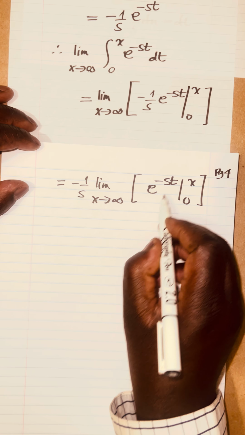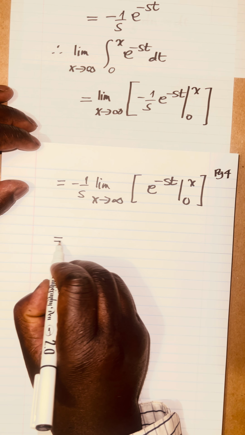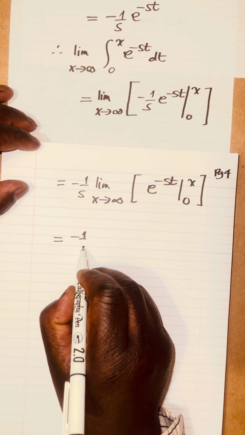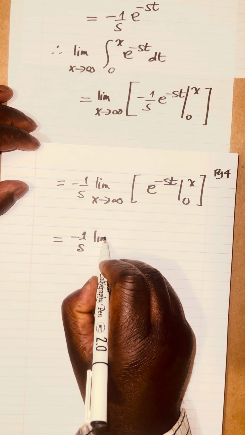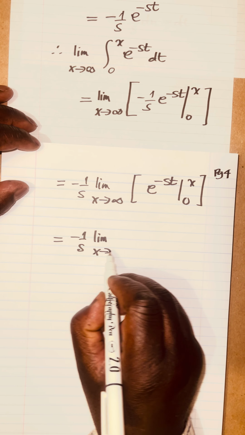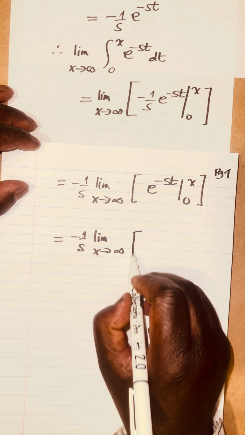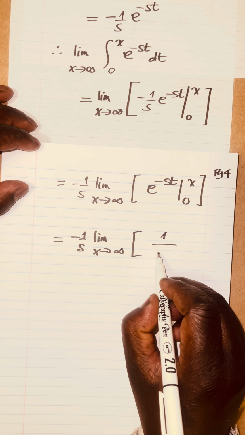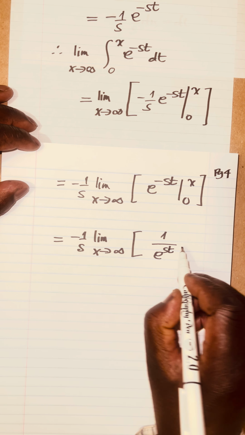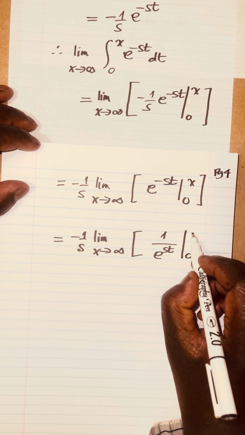Now I'm going to rewrite this by using laws of exponents. This is equal to minus 1 over s times the limit as x approaches infinity of, watch this, 1 over e to the power st, evaluated from 0 up to x.